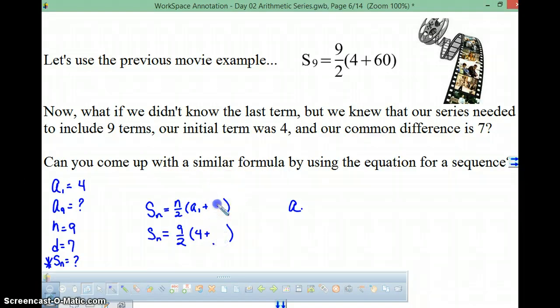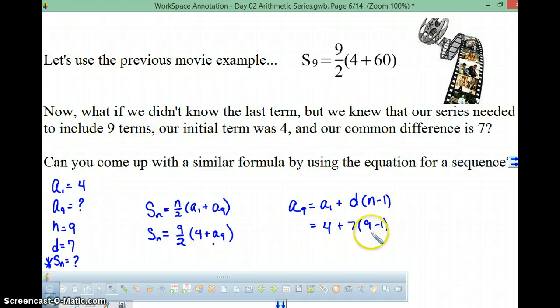Let's try it again. A sub 9. Good? So a sub 9 is equal to a sub 1 plus the common difference times n minus 1. Right? If we plug in everything we know here, you end up with 4 plus 7 times 9 minus 1.